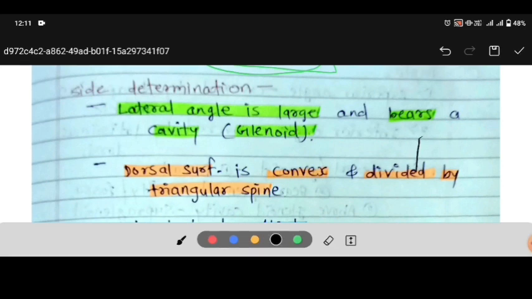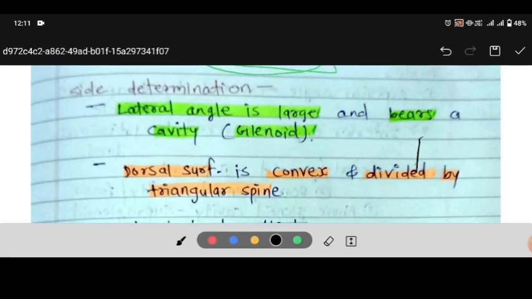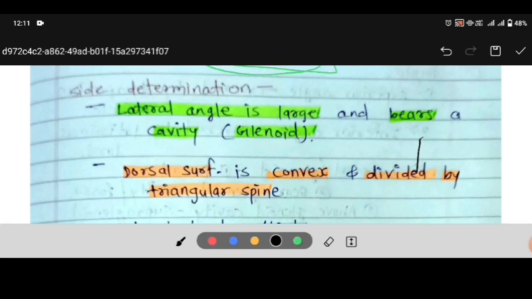Lateral angle is large and bears a glenoid cavity. And the dorsal surface is slightly convex, because our thoracic cage is convex, and that's why the subscapular fossa, which is the anterior surface, is concave, and the dorsal surface is convex. You have seen it.